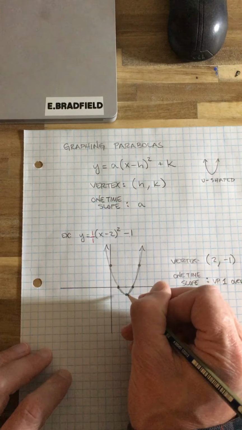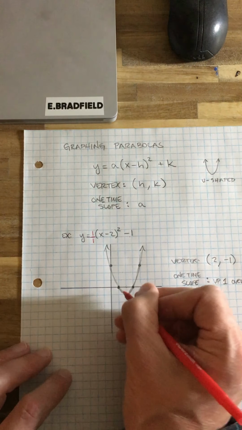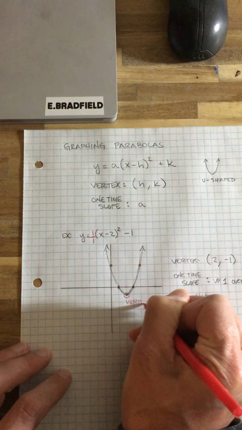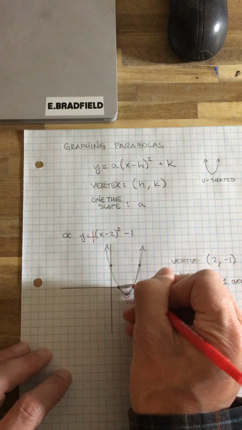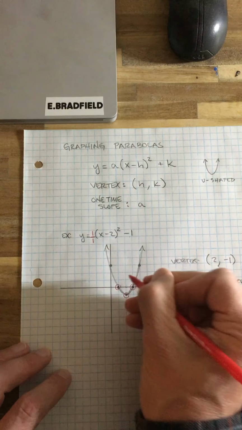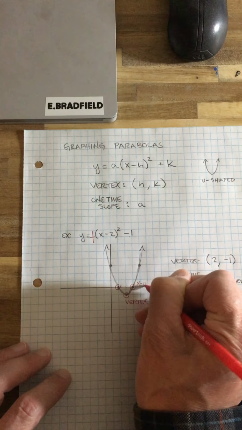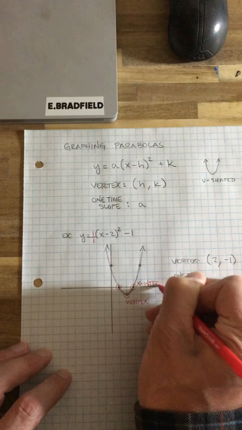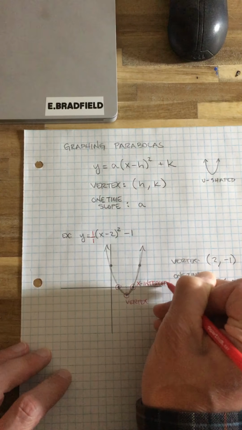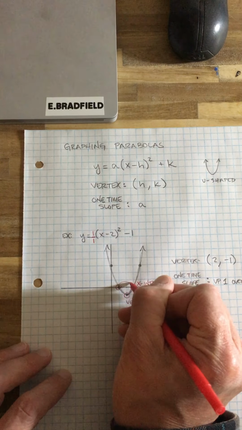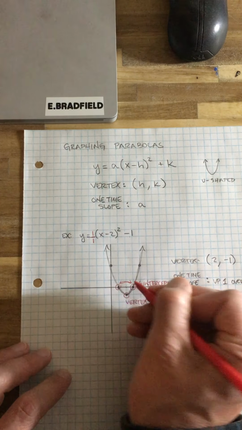This guy right here is my vertex. This guy right here and this guy right here, these two guys are my x-intercepts. I don't know why I did it that way.